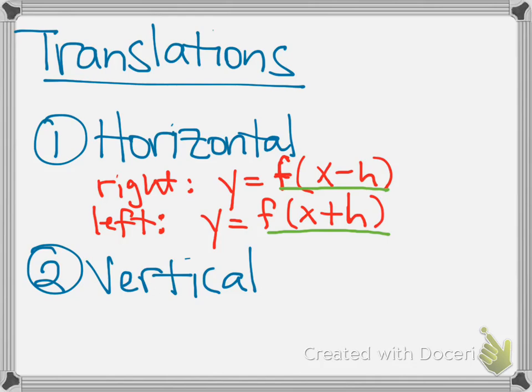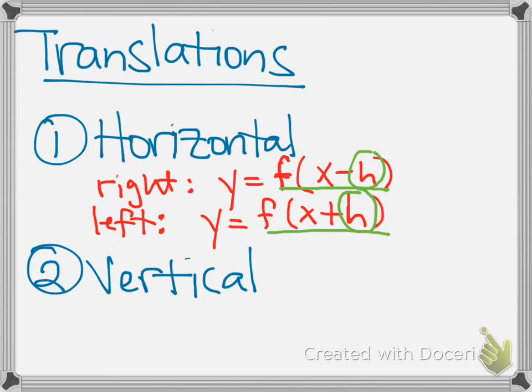And that's because what this is saying is that we are taking our function, and if we're moving it to the right, then we would have to subtract h units to get back to our parent function. Or if we took our parent function and moved it h units to the left, then we'd have to add those number of units back in to return back to our parent function.